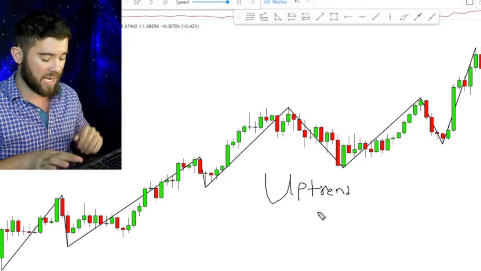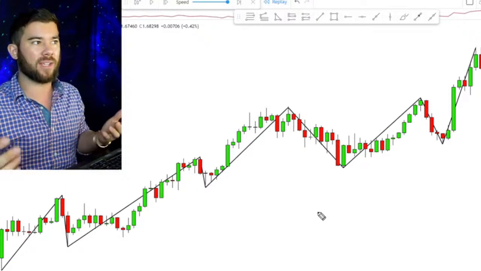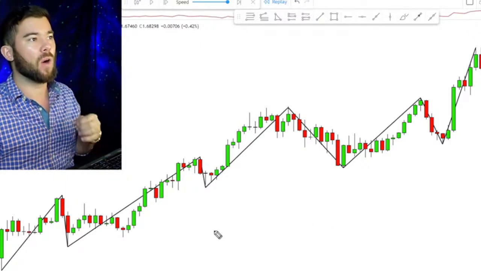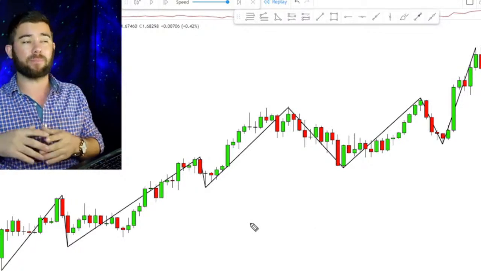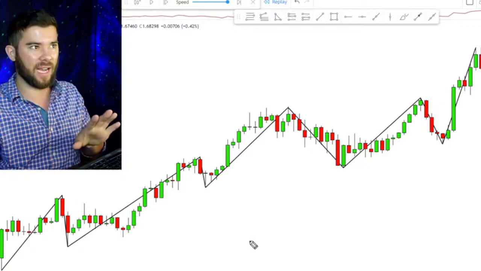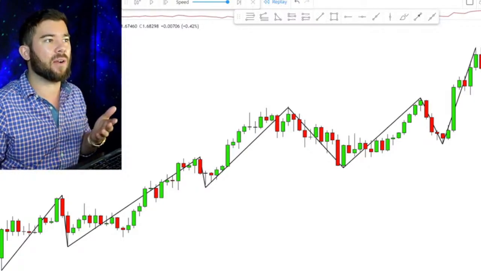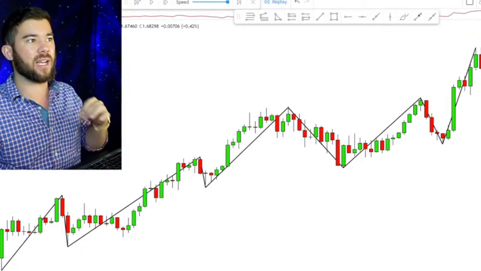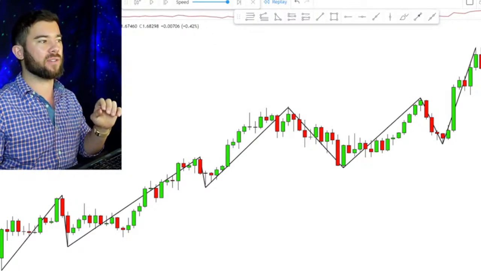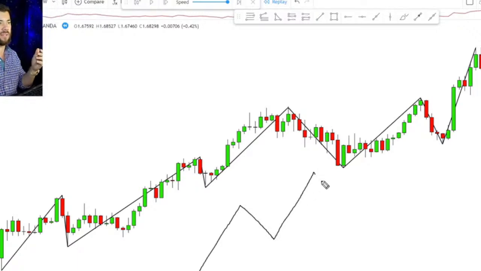With this market being in an uptrend, what direction would you like to trade this market? To the upside, right? You'd want to be buying while the market is in an uptrend. But here's the problem with trend identification that I see all the time, and that is just not really understanding or having a set in stone, objective, defined way to identify trend. A lot of traders can easily identify this, right?